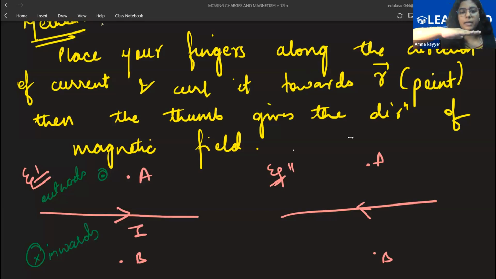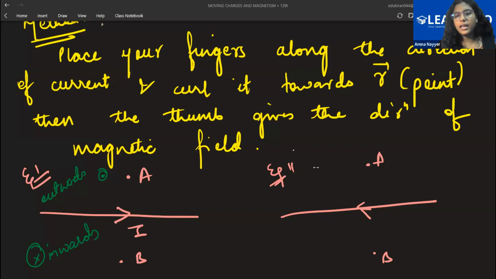Now come to the second example. I will put my right hand like this. A point is above, so this cannot be curled; I'll put my hand directly like this. When I curl, the finger is going inwards. Similarly, for B point, the thumb is going outwards.